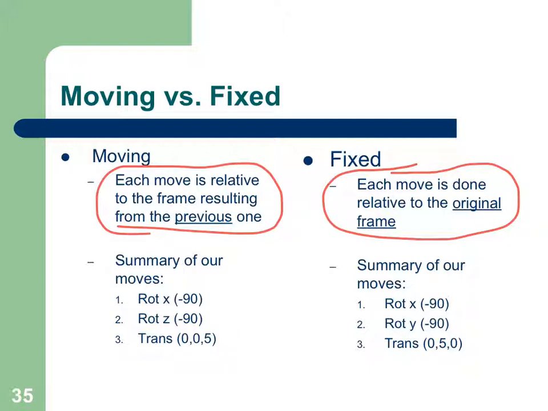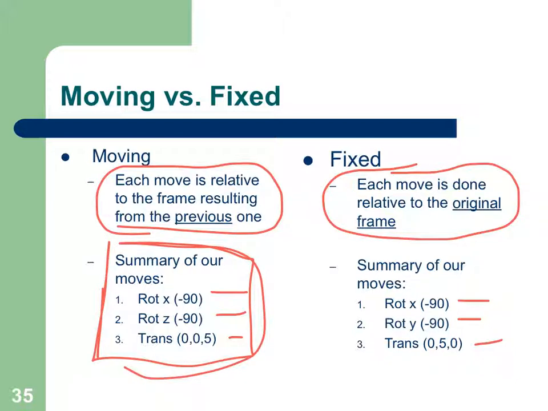And so if you look, we started out in both cases with a rotate x by negative 90, but after that, even though we did, I think, the same sequence of moves, the actual rotations that we were doing looked the same, because in moving coordinates we were relative to our new frame, and in fixed coordinates we were always relative to the original frame. The list of movements looks different.